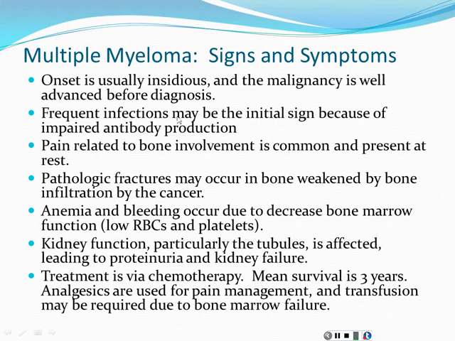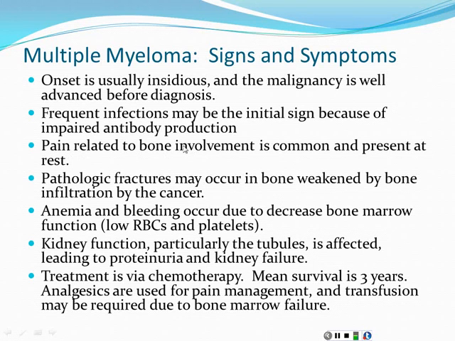Frequent infections occur. Even though the plasma cells are producing all kinds of antibodies, they're not producing the antibodies you actually need. So you end up at increased risk of infection because of that, an immune deficiency.